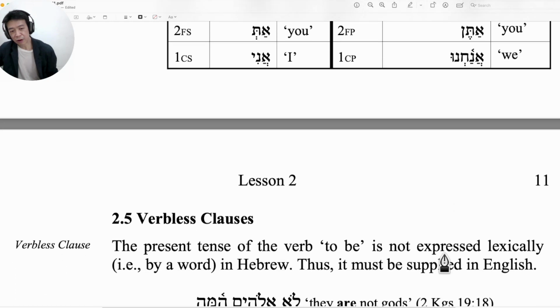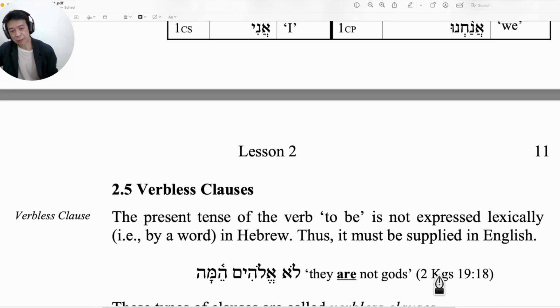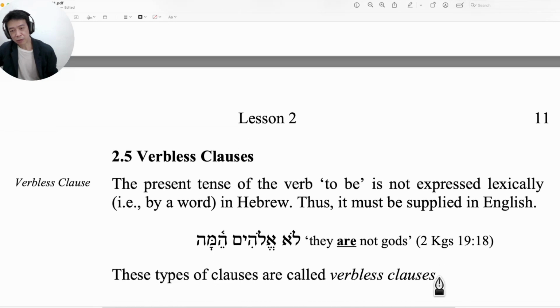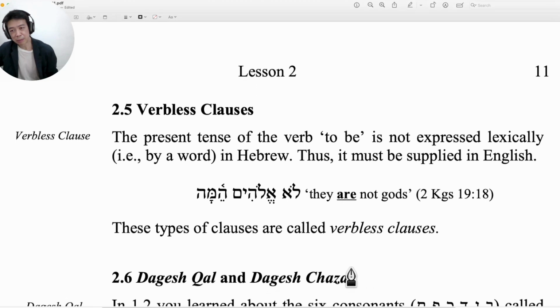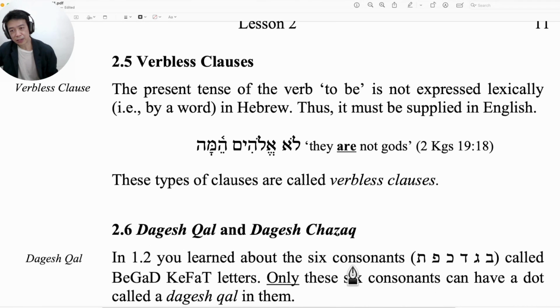Next, let's take a look at verbless clauses. The present tense of the verb to be is not expressed lexically by a word in Hebrew. It must be supplemented in English. For instance, for this phrase from 2 Kings chapter 19 verse 18, "they are not gods": Lo Elohim Hema.